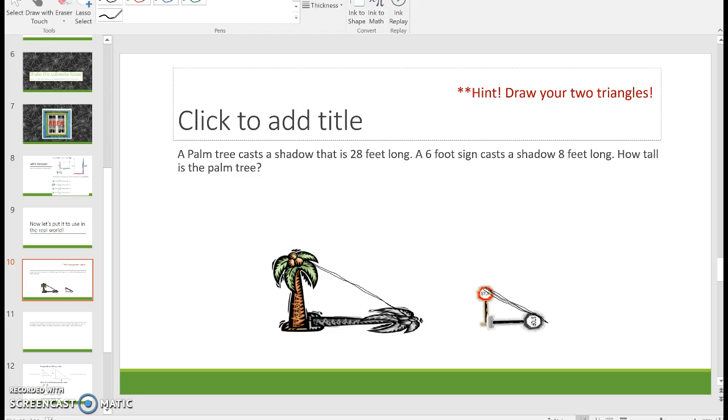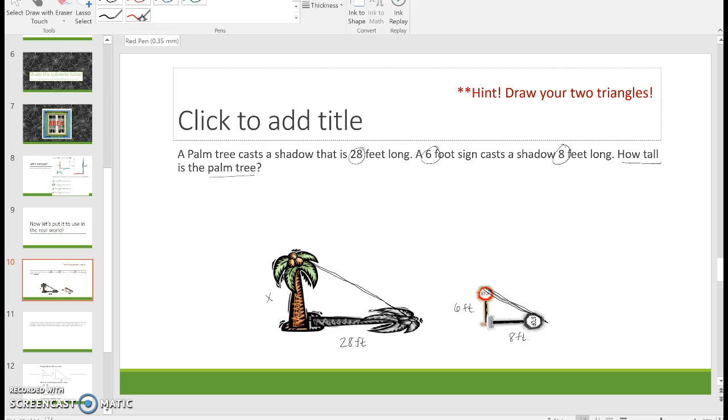So the palm tree casts a shadow, so the shadow down here is 28 feet long. And a 6-foot sign, so it's 6 feet tall, casts a shadow that's 8 feet long. How tall is the palm tree? So we want to know how tall the palm tree is in real life, okay?